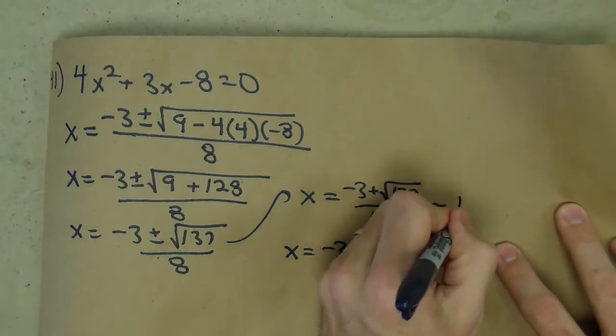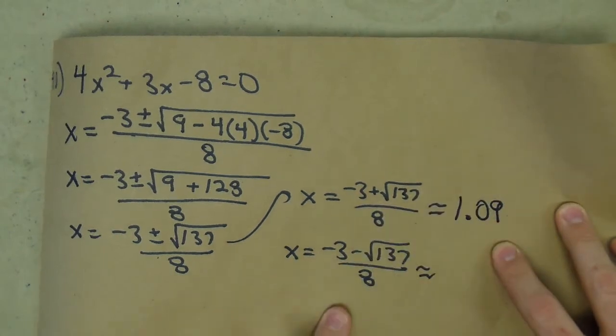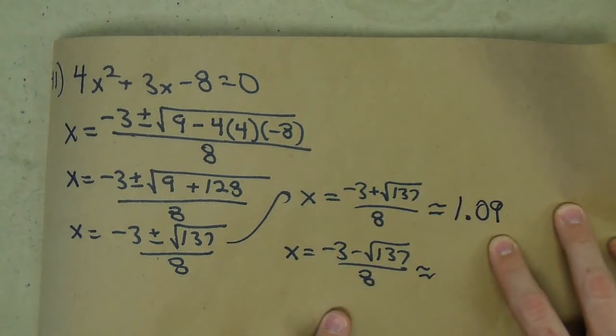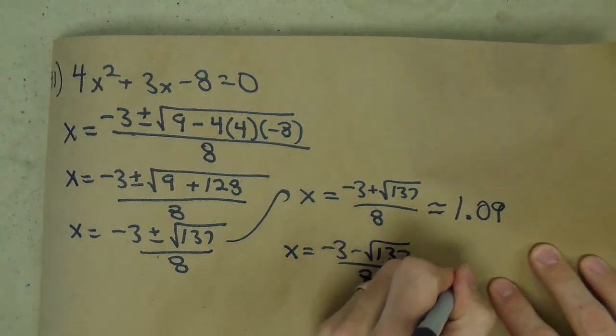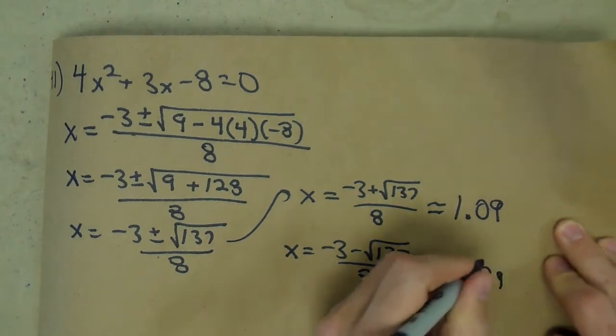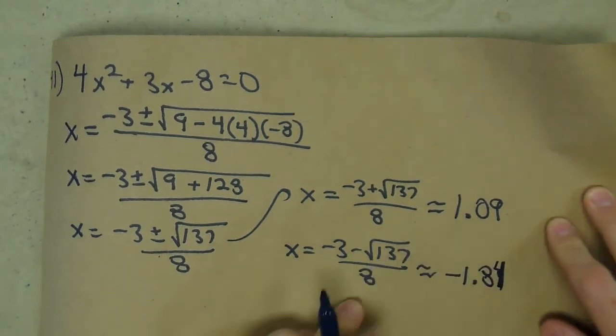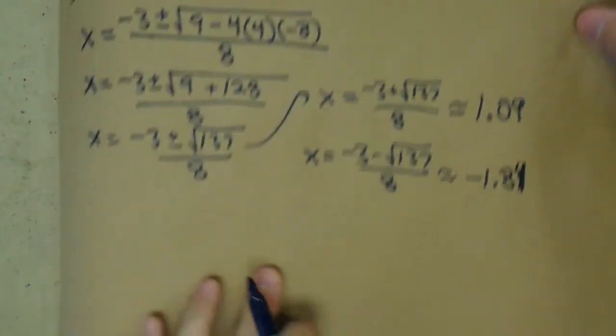And I get about 1.09. It's actually 1.088. We'll call it 1.09 to the nearest hundredth. And then negative 3 minus the square root of 137, divided by 8, we get about negative 1.84. Our 2 solutions are here.